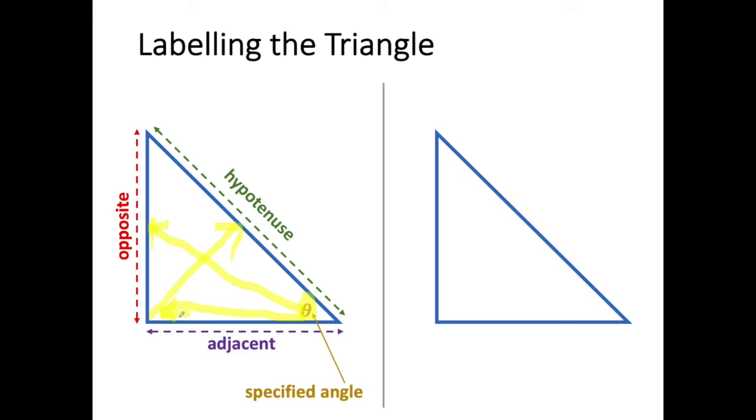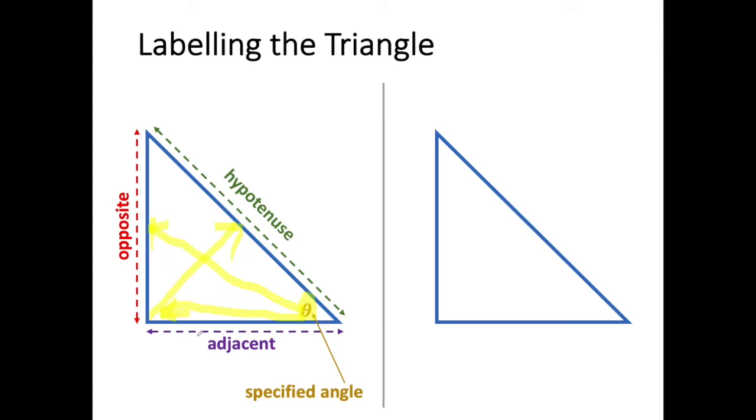So when we're working with trigonometry, we label our sides hypotenuse, opposite, and adjacent, in relation to the specified angle. The hypotenuse is always going to be the same, but the opposite and adjacent sides depend on the specified angle.